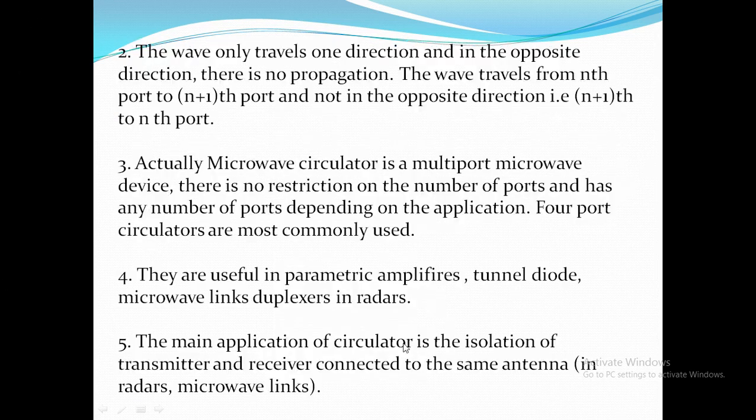They are used in parametric amplifiers, tunnel diodes, microwave links, and duplexers in radars. The main application of the circulator is the isolation of the transmitter and receiver connected to the same antenna, in radars and microwave links.